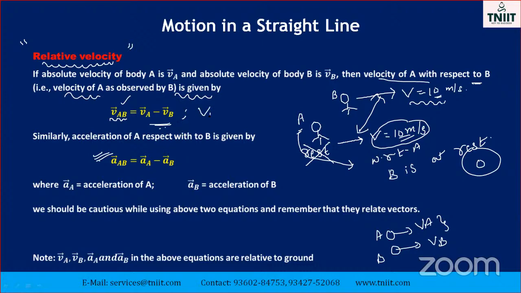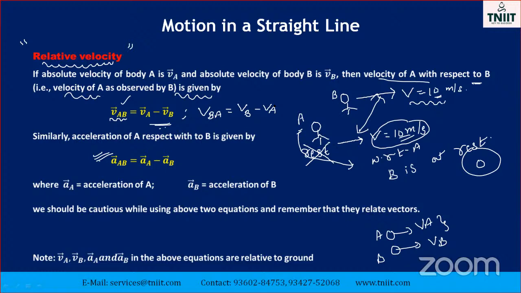Now, what is the relative velocity of body B with respect to body A? It is VB minus VA. If you are going to discuss body B's velocity with respect to A, then it is VB minus VA.